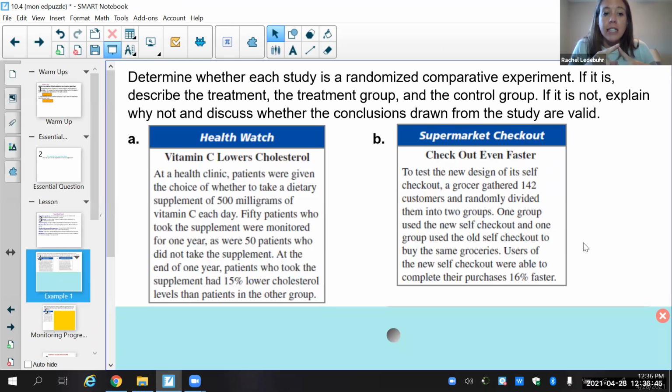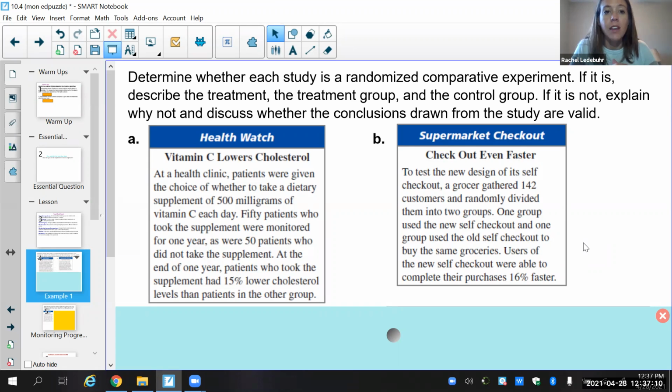At a health clinic, patients were given the choice of whether to take a dietary supplement of 500 milligrams of vitamin C each day. 50 patients who took the supplement were monitored for 1 year, as were 50 patients who did not take the supplement. At the end of 1 year, patients who took the supplement had 15% lower cholesterol levels than patients in the other group.